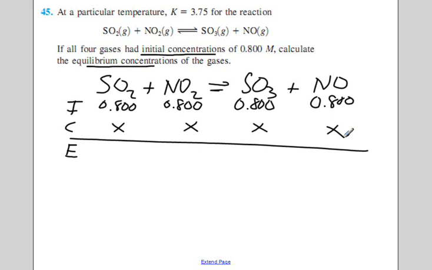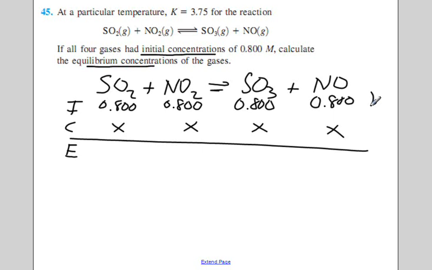And then the left side would have to decrease. So what you might want to note here in your margin is that the problem here is there are no zeros on the initial line. Therefore, we don't know the direction the reaction is going. Okay? There are no zeros on the initial line of the ICE table.